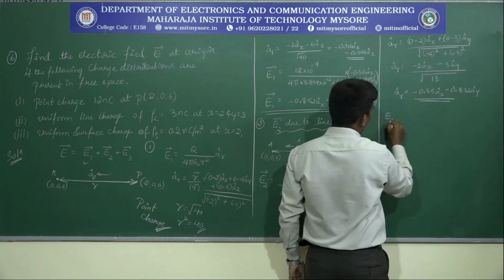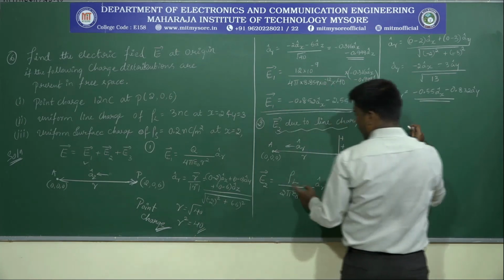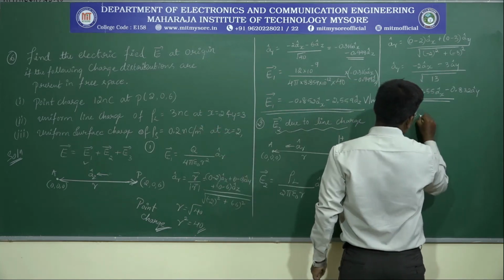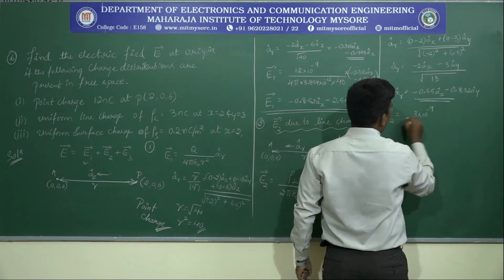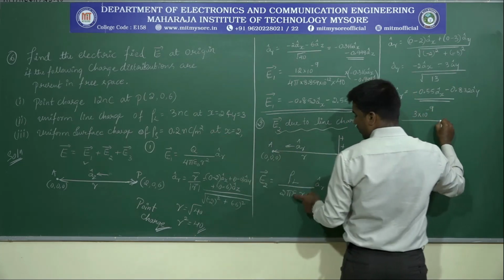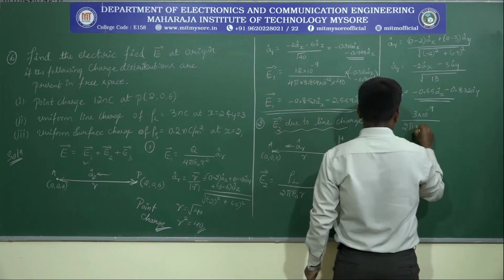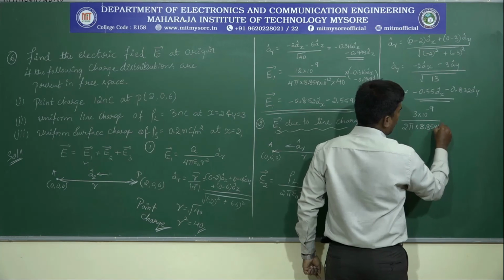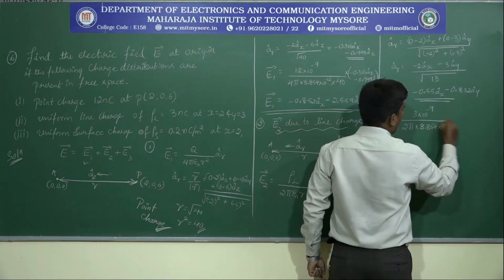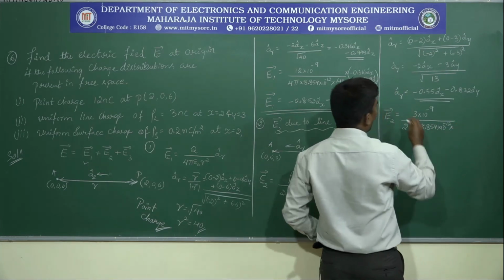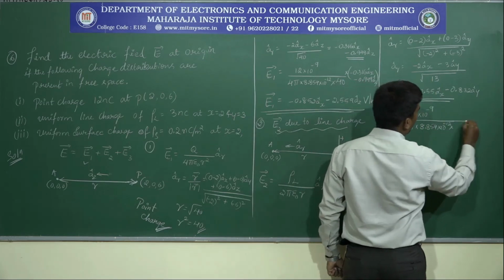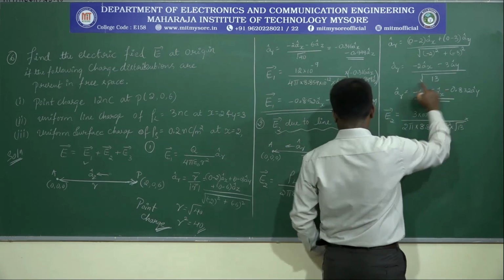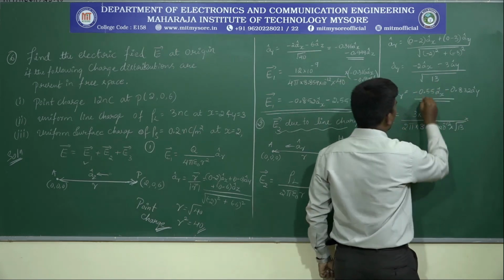Now calculate E2. E2 is equal to rho L. What is the value of rho L given? 3 nanocoulomb. 3 into 10 power minus 9 divided by 2 pi into epsilon naught, 8.854 into 10 power minus 12, into r. What is the value of r? Value of r is root 13, into a cap r. What is the value of a cap r?